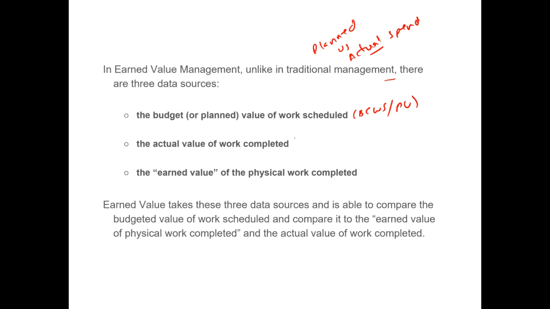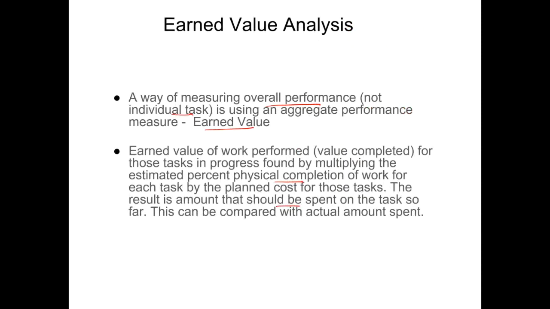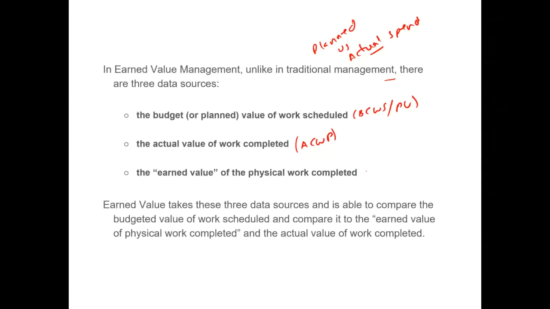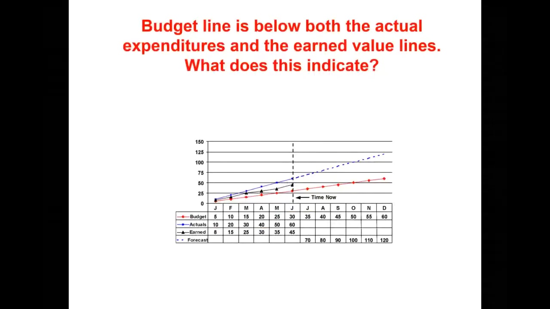Then the actual cost of work performed, and if you're using software, it will use the term actual cost of work performed, or the earned value of the physical work completed, which is referred to as budgeted cost of work performed. So this is, mind you, of work scheduled, and this is performed. So earned value takes these three data sources and is able to compare the budgeted value of work scheduled to the earned value of physical work completed and the actual value of the work completed.